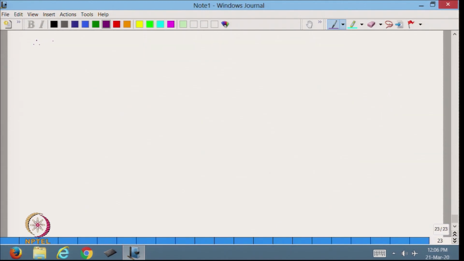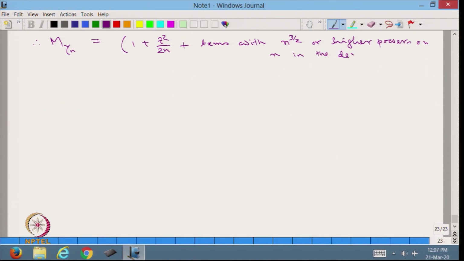Therefore, the moment generating function of Y_n is equal to what we get from here: (1 plus t square upon 2n plus terms with n to the power 3 by 2 or higher powers of n in the denominator) whole to the power n.